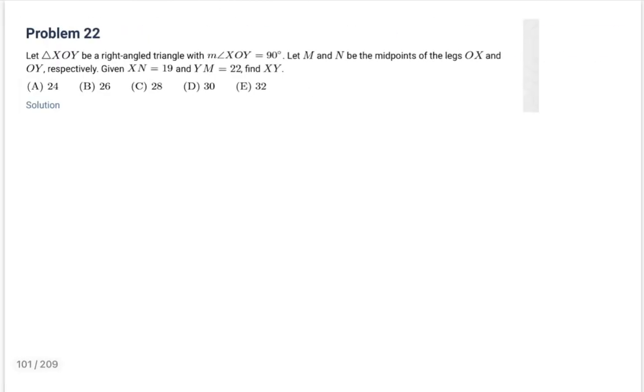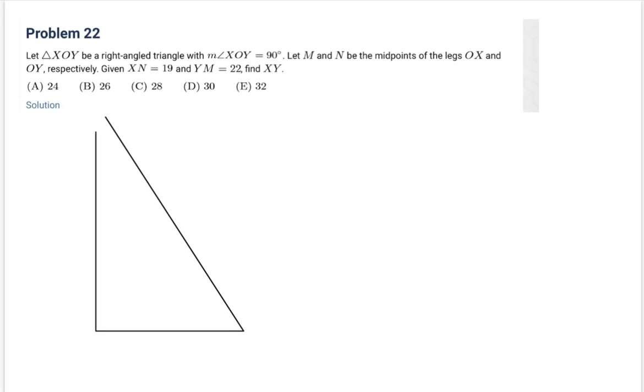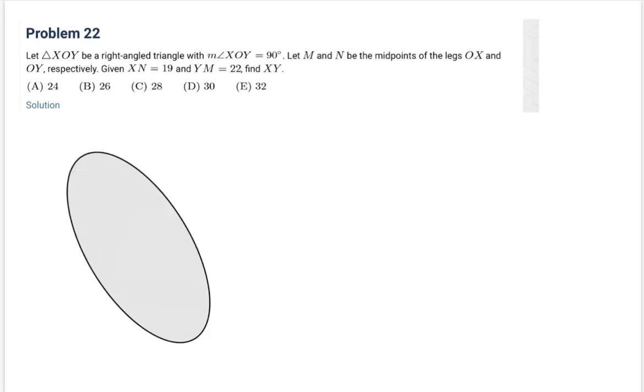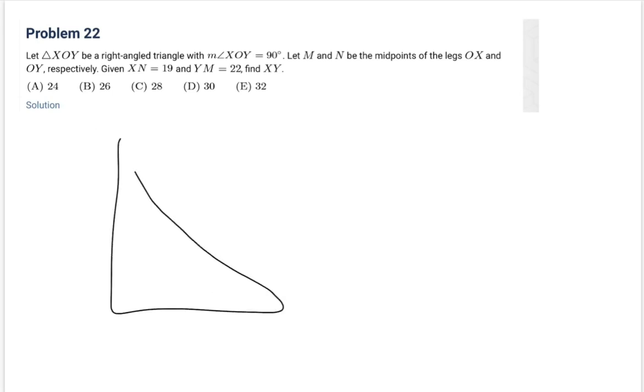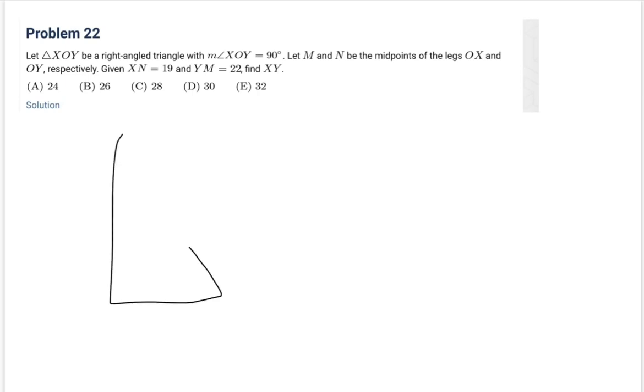It's B. Problem number 22. Let triangle XOY be a right triangle with angle XOY equals 90. Let M and N be the midpoints of the legs OX and OY respectively, given XN equals 19 and YM equals 22. Find XY. Okay, so let's make a right triangle here. I can't seem to make a right triangle these days. Yes.